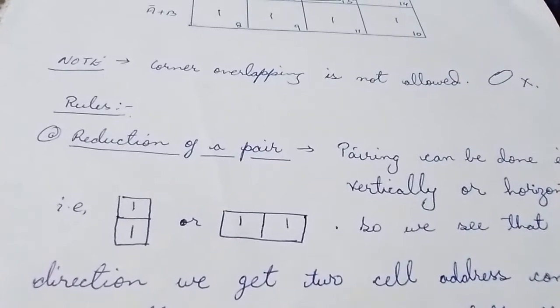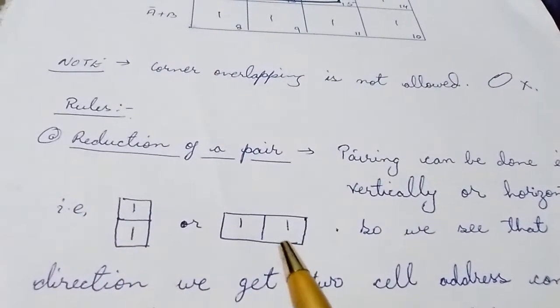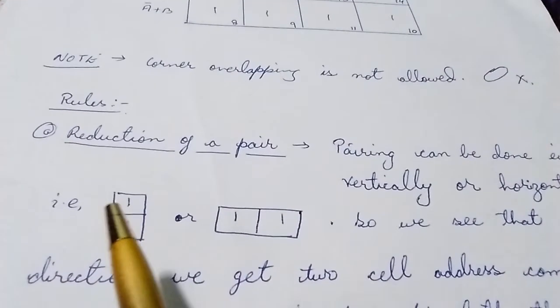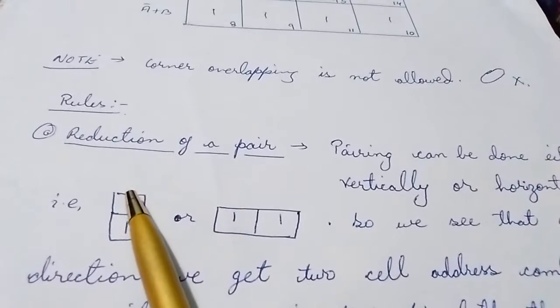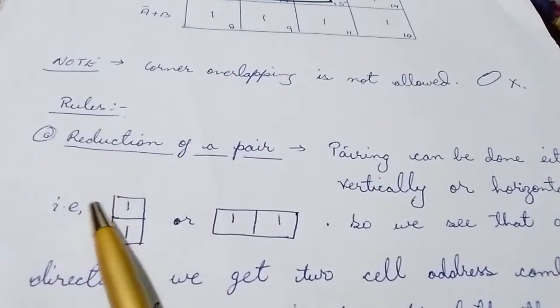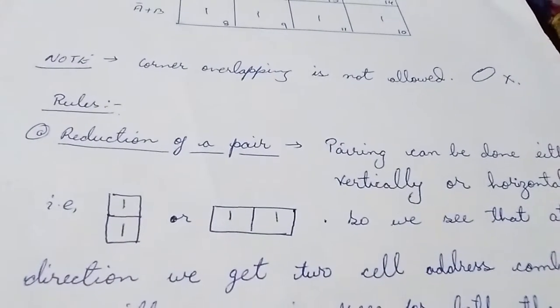So this is what is explained here, that whether we go with vertical or horizontal pairing, either the column or the row will be frozen and the changing components are here.